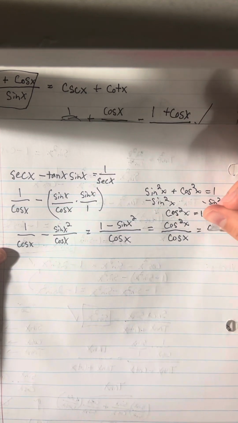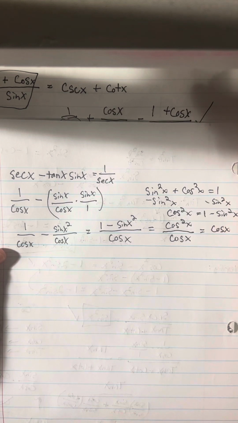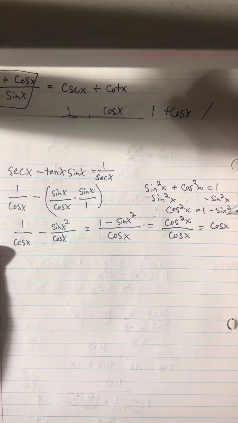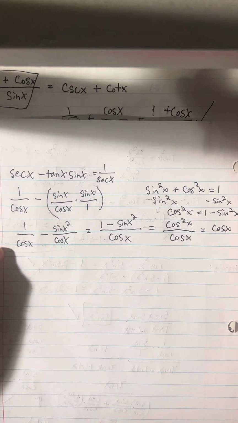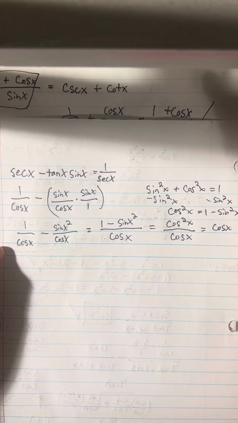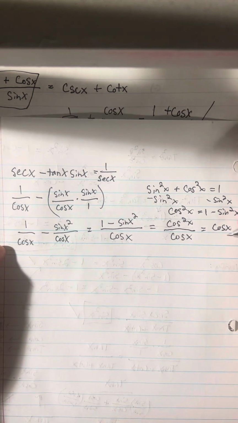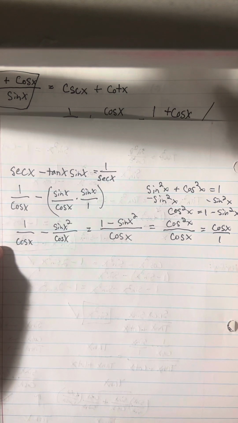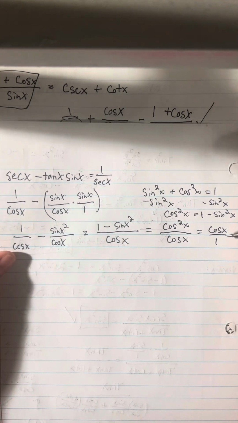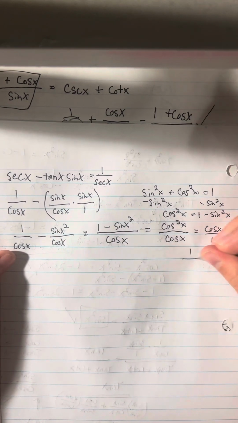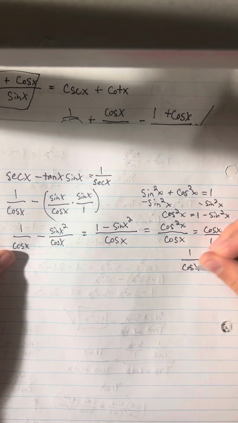which is the same thing as cosine x, and the reciprocal of cosine is secant. So right now we have cosine over 1, because you can put anything over 1, and if we flip that, then we have 1 over cosine.